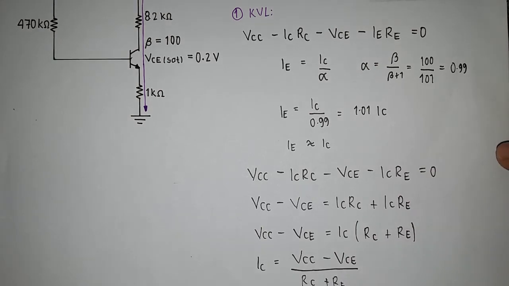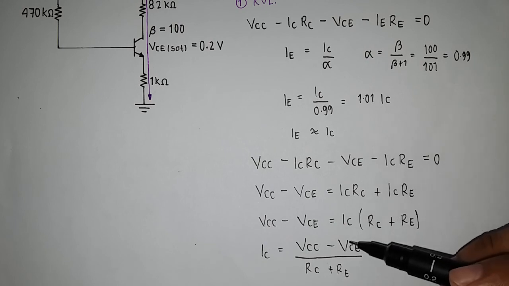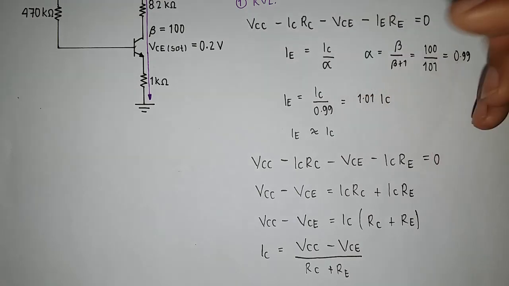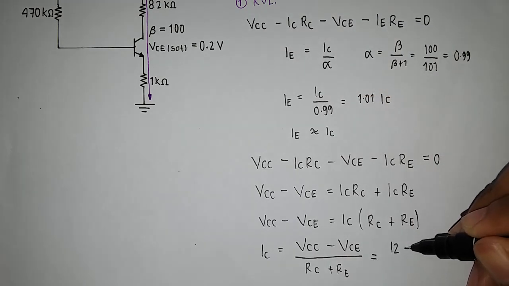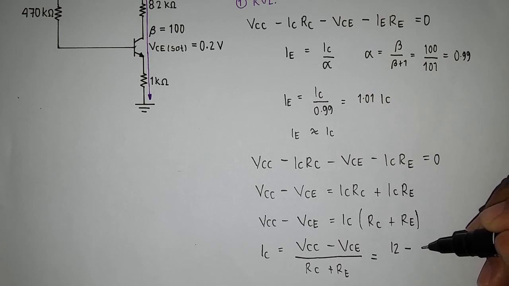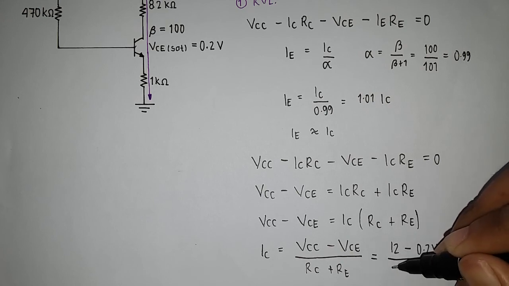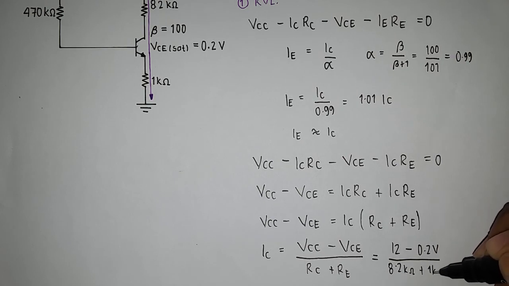And since IC SAT ang sinusolve natin dito, isa-substitute natin sa VCE yung value ng VCE SAT, which is, in this case, defined siya as 0.2 volts. So, IC SAT is equal to 12 volts minus, at saturation, minus 0.2 volts, and divided by RC, which is 8.2 kilo ohms, plus RE, which is 1 kilo ohms.